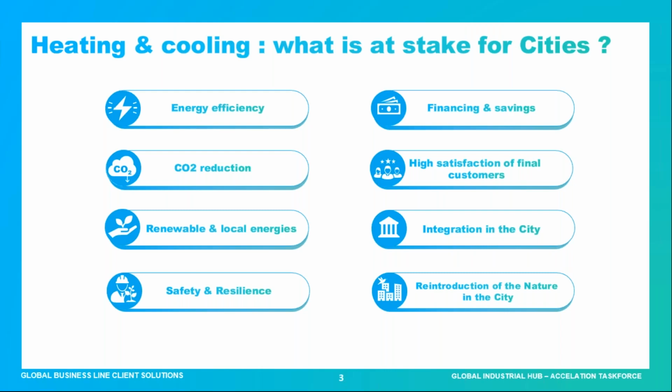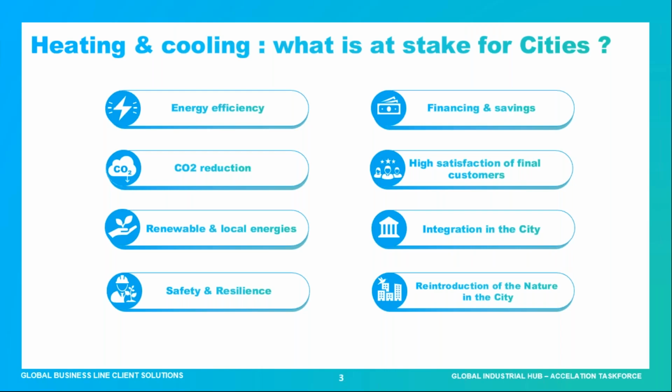Some of the concerns that are very important in the discussion that we have with city mayors or any kind of authorities or decision makers is that we have to guarantee some financial budget and savings, but as well to be really focused on the end users.